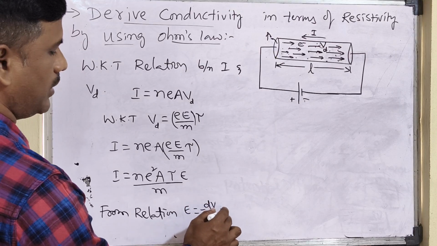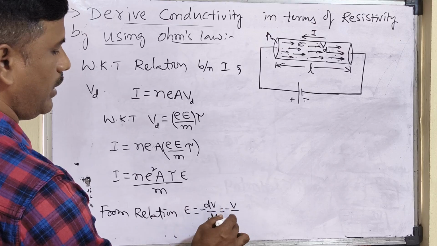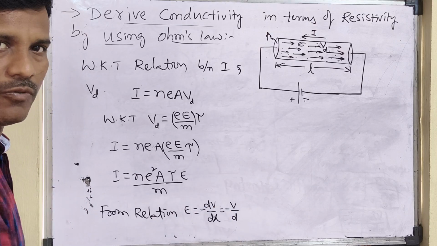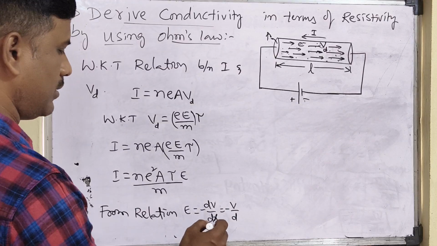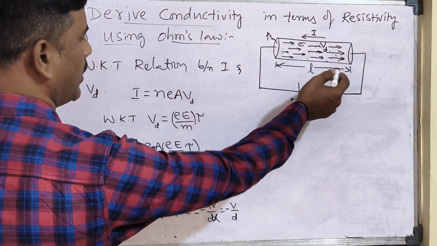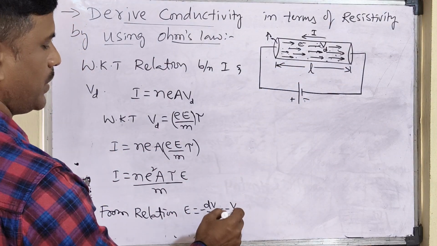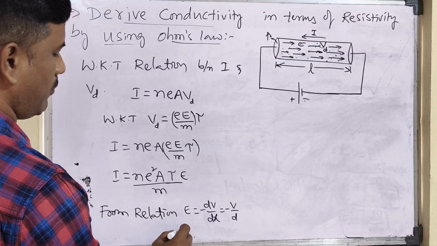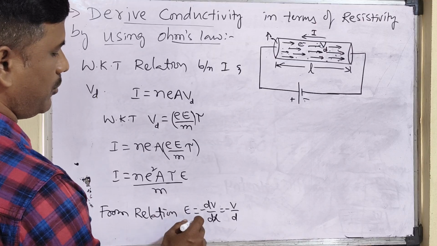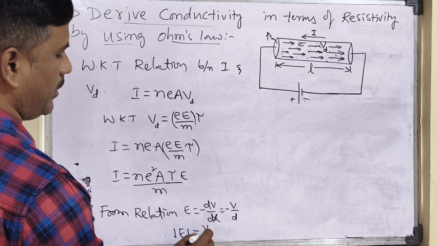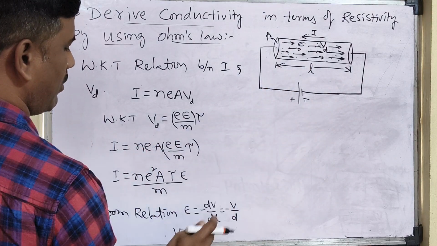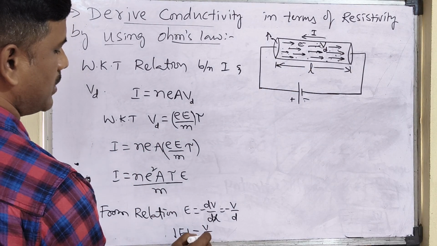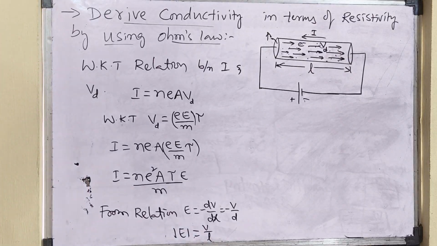This is also written as minus V by d, otherwise V by r or V by x or V by L like that. Why? Because distance means from here to here. Here what distance is there? L. So that's why. But we have the magnitude. Magnitude of E is equal to V by d. d means the length, the distance traveled. How much distance traveled? L distance. So that means V by L.